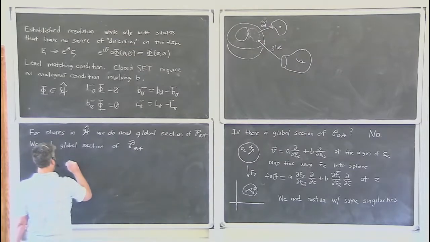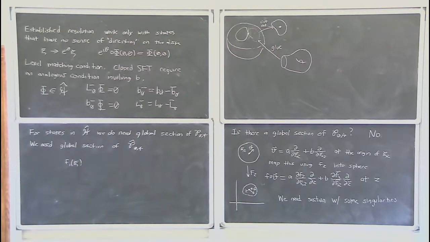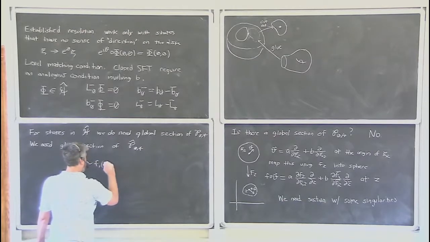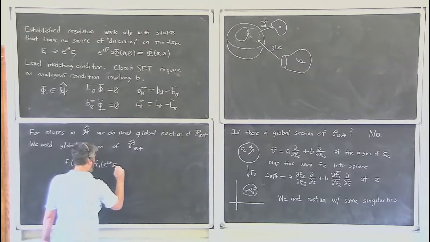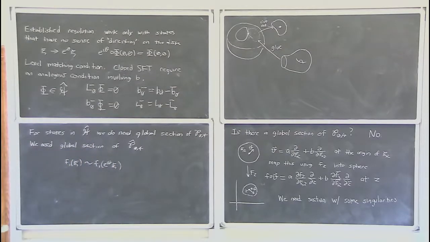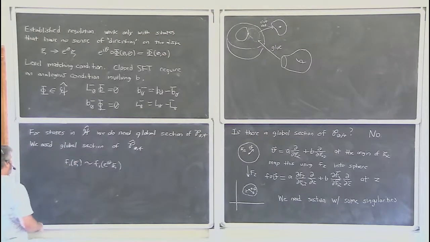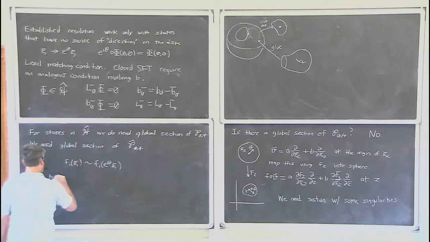So for example, if we choose at some point in the fiber some f1 of xi, this should be regarded as equivalent to f1 of e to the i theta xi. So for states in H hat, these two local coordinate maps are equivalent. And the claim now is that P hat 04 has a global section.